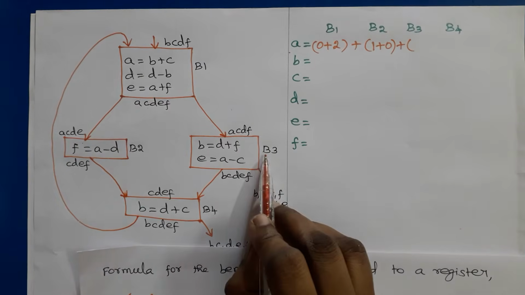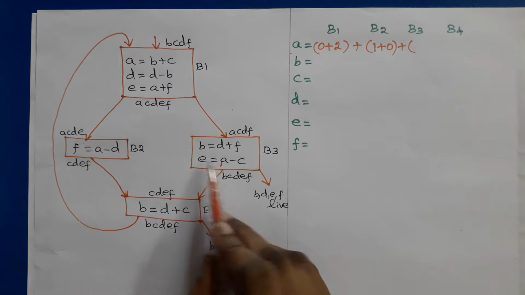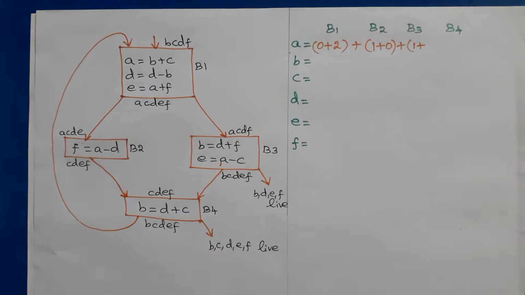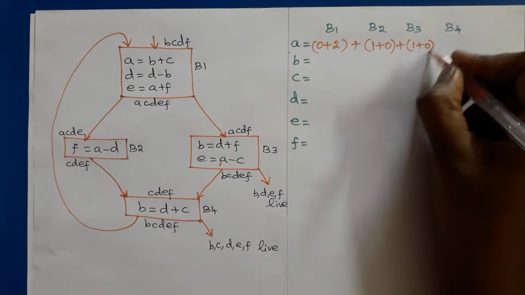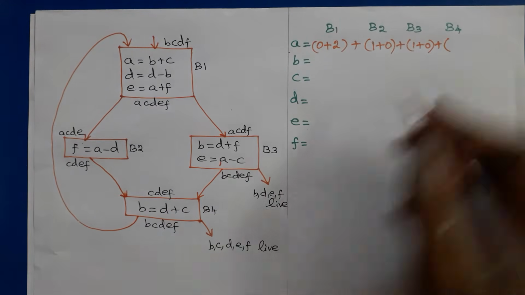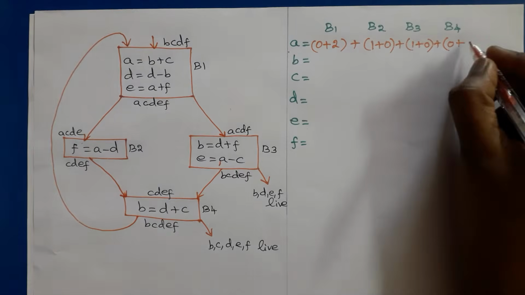So in B3, a is used one time and it is not preceded by any assignment. So 1 plus, a is not live on exit, so 0. Plus in B4, a is not used, so 0, plus a is not live, 0.